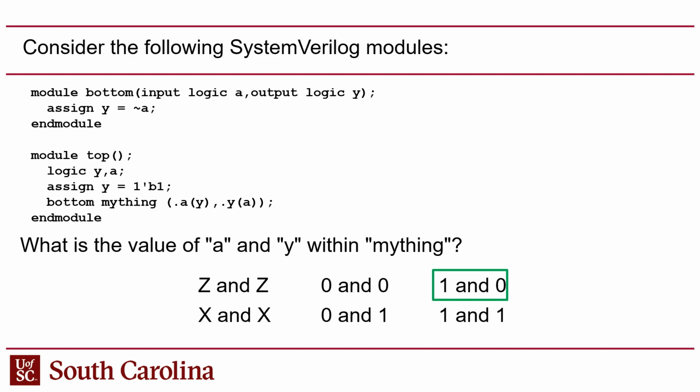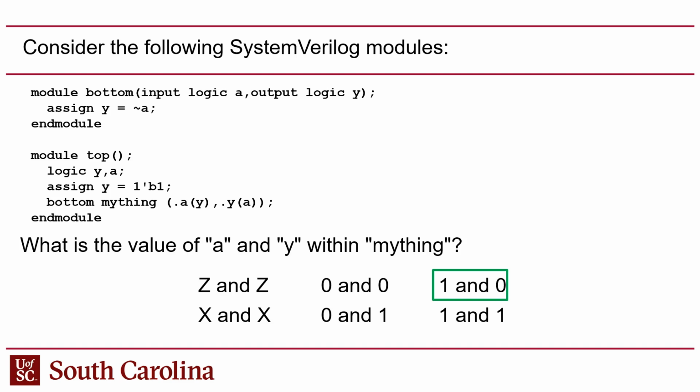Because remember, my thing has an output Y, so it's a driver of signal A. You guys see that? I can't set A in here, because if I set A with an assign, for instance, then I would be assigning it with an assign statement and also assigning it with my thing. You guys make sense?